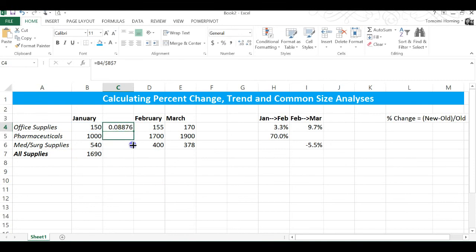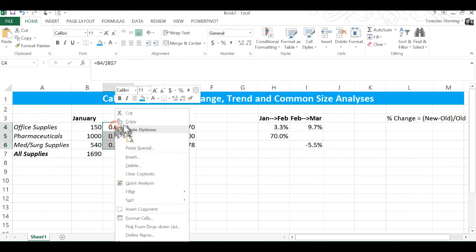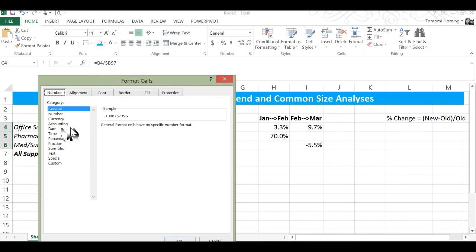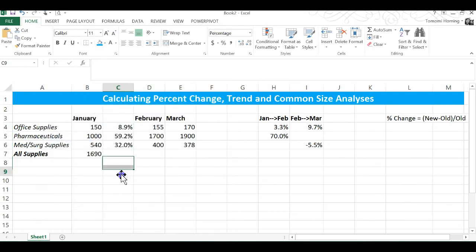And I'm going to click and drag, and I'm going to format cells. And you can see here 8.9%, almost 9% of my monthly spending in January for supplies went for office, whereas 59% went towards pharmaceuticals and 32% went towards med-surg supplies.